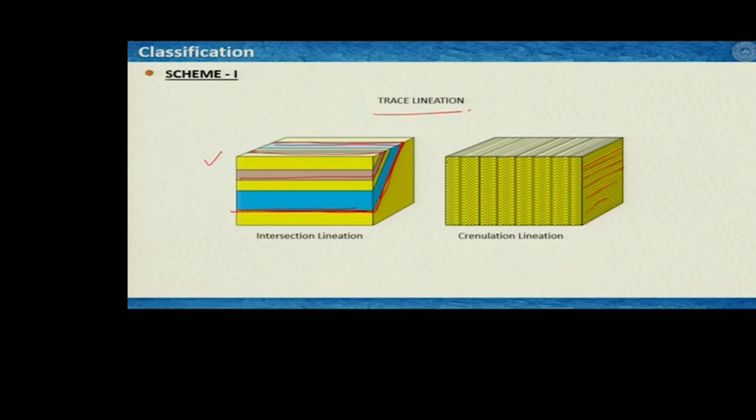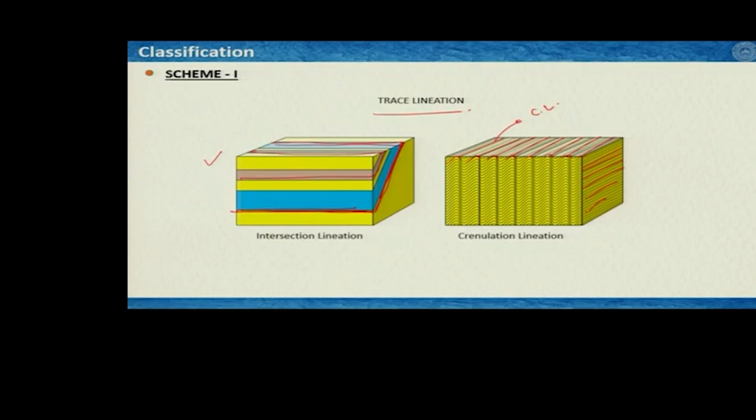However, the hinges of these folds, or the troughs of these folds, are defining lineations on this surface. So, these are known as crenulation lineation.